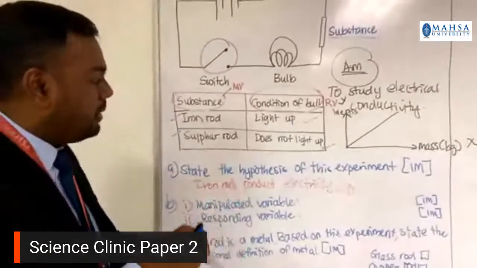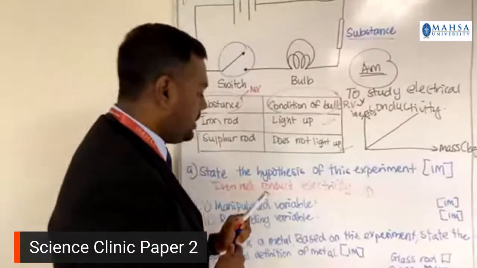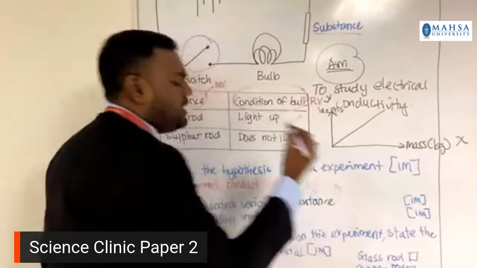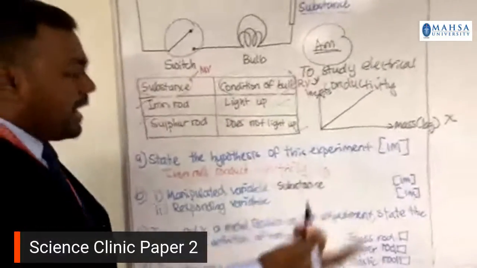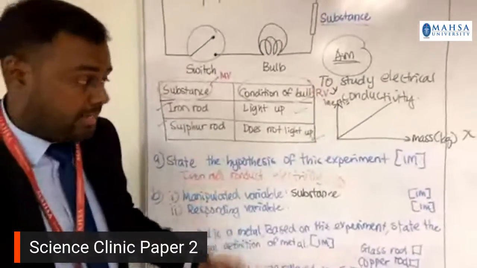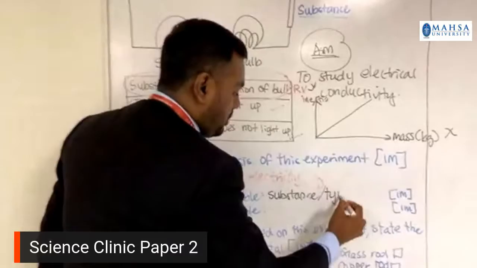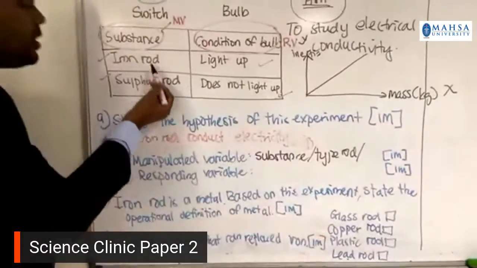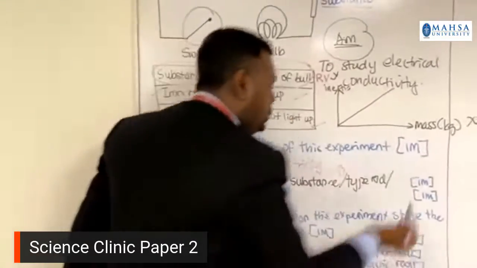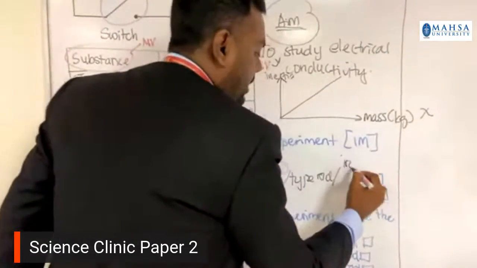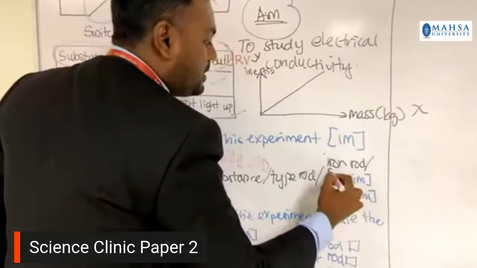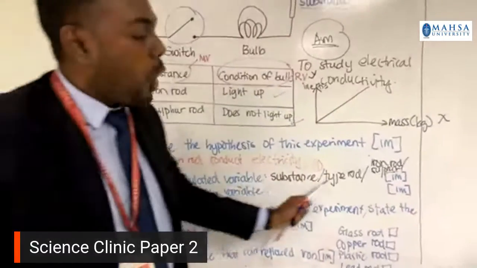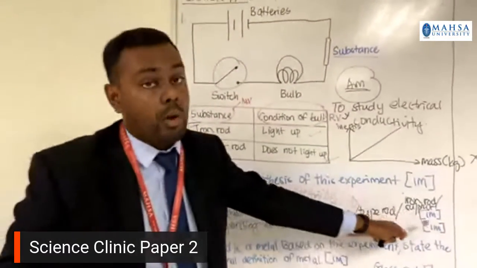So for the manipulated variable, you just look at the substance. Some students will write type of rod. Is it accepted? Yes. Even if some students write iron rod or sulfur rod, we still accept it. So here you can see we have 3 optional answers for you to get 1 mark.